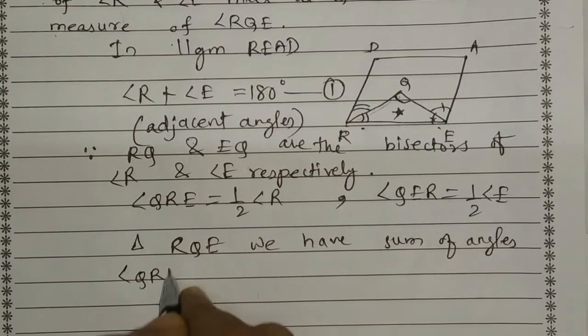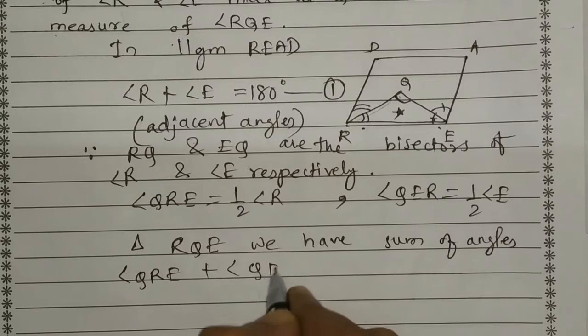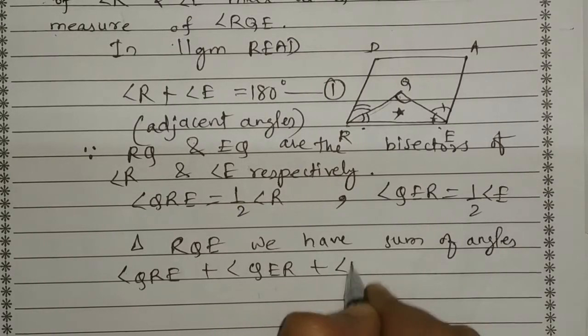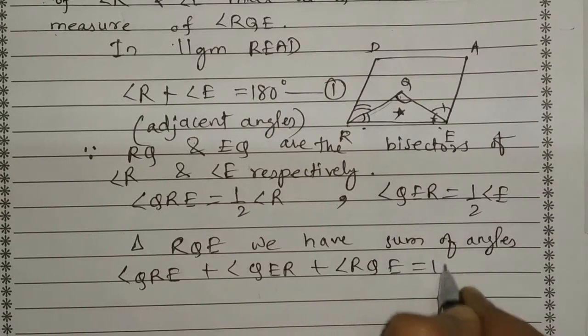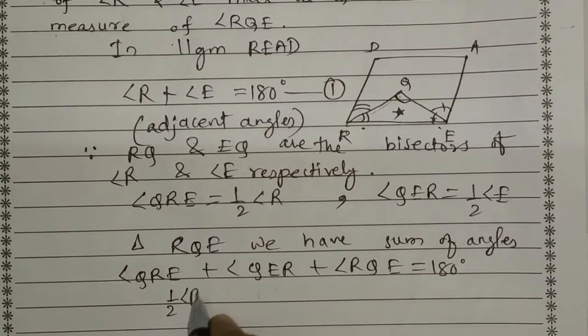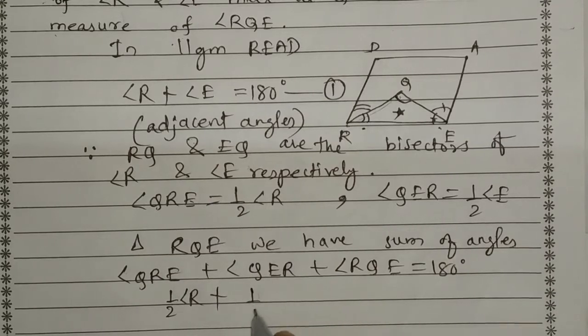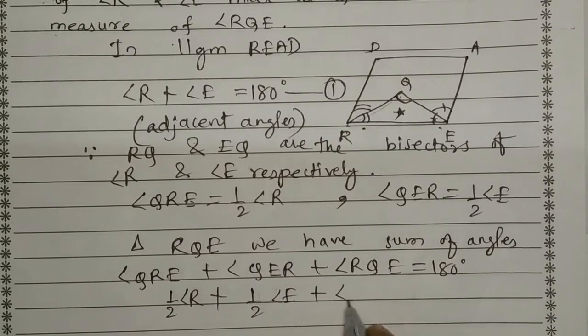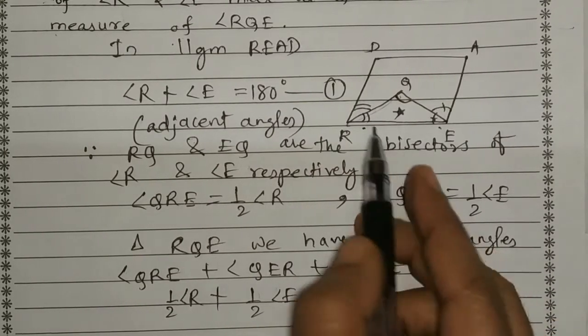Angle QRE plus angle QER plus angle RQE is equal to 180 degrees. And this QRE is half of angle R, and this QER is half of angle E, plus angle RQE, whose measure we have to find out.